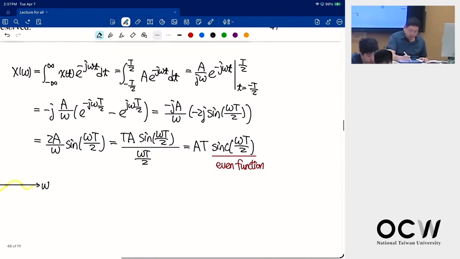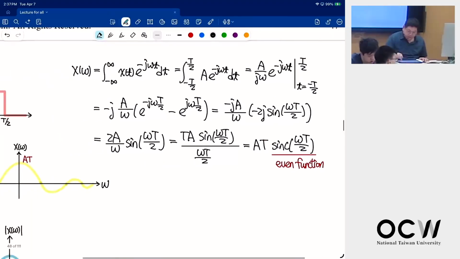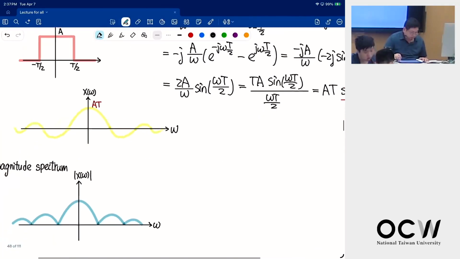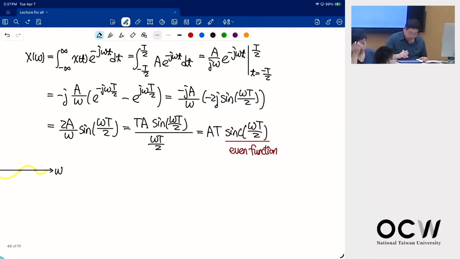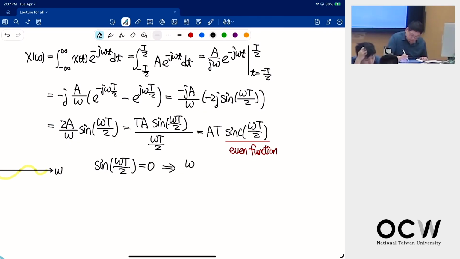Let's write it here. Because we need 0, which means sine omega T over 2 should be 0. That means omega T over 2 is m pi.